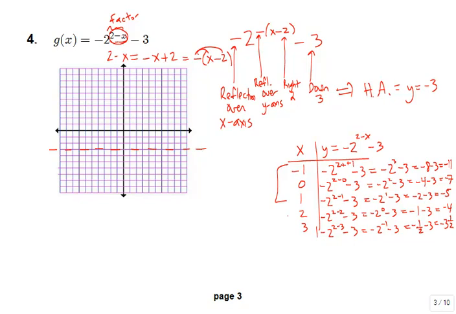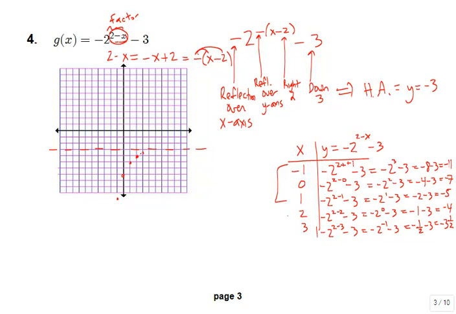So let's go ahead and plot our points. We have -1, -11. So that's going to be off my graph just a little bit down here. 0, -7. 1, -5. 2 comma negative 4, and 3 comma negative 3.5, so just a little bit below that horizontal asymptote.